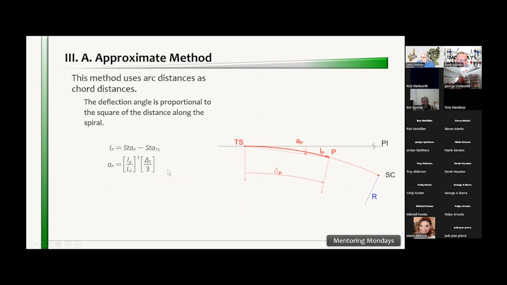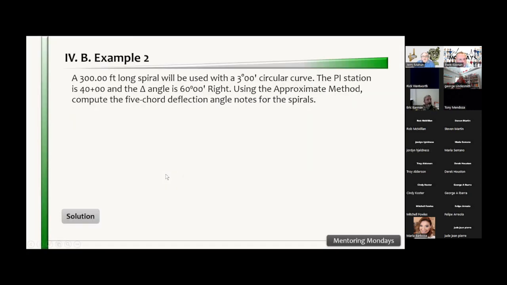So you're taking the length of that spiral, dividing it by 5, and that's how far out on the curve you're going to be going. Those increments are how much LP changes each time. For a 300-foot long, 5-chord spiral, it's going to be every 60 feet. So LP is going to increase by 60 feet. So you have 60 over 300 squared times the deflection angle at the flat end of the curve, which is one third of the delta angle for that spiral curve. Got that?